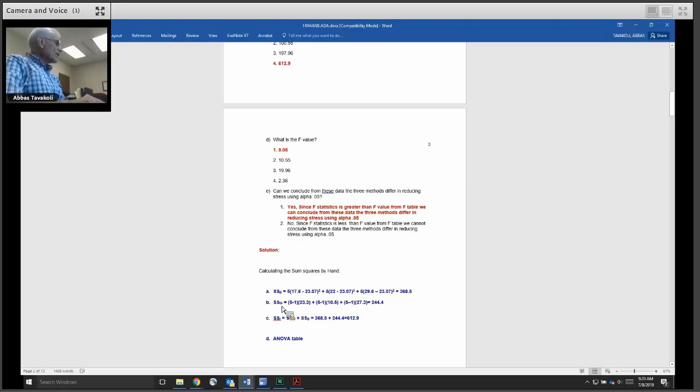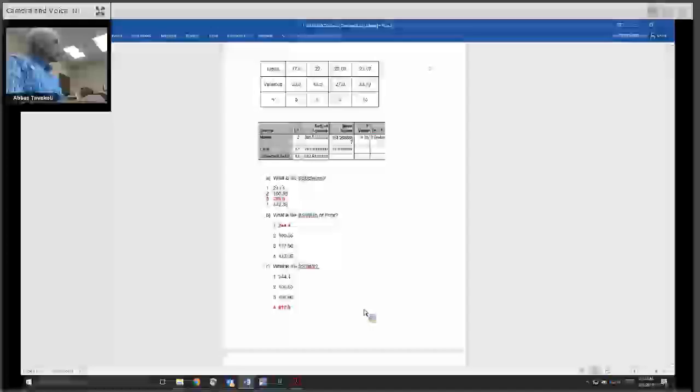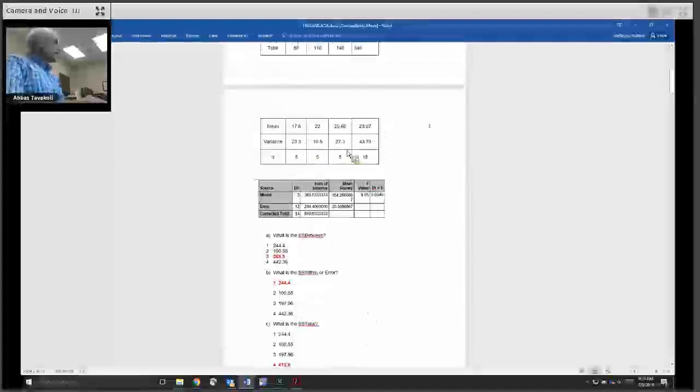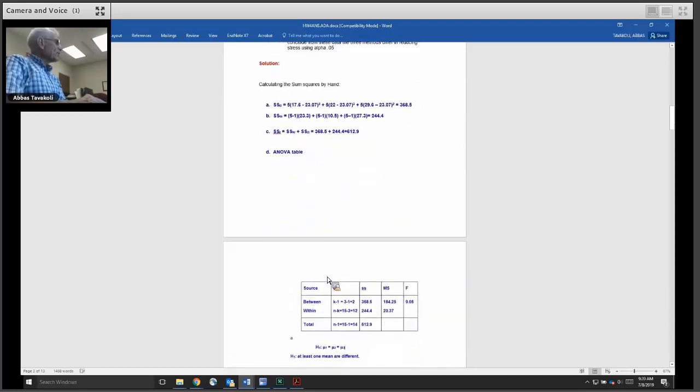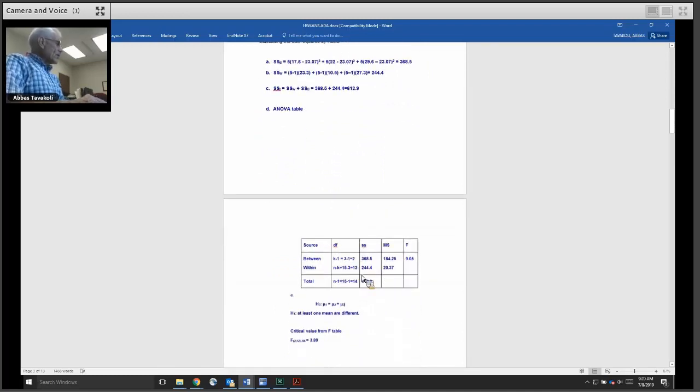For the sum of squares within, you take n minus 1 times the variance for each group. You multiply by that, and the total would be basically adding up. Then you can create the same ANOVA table as I provided. You have three groups, so 3 minus 1 is 2. 15 minus 3, which is n minus k, the number of levels, is 12.